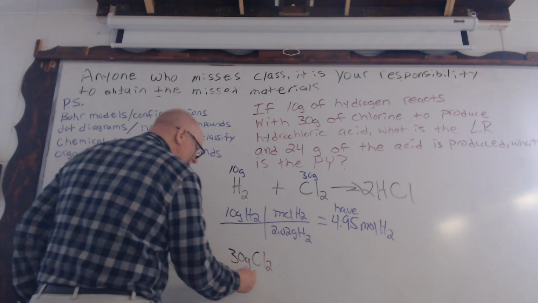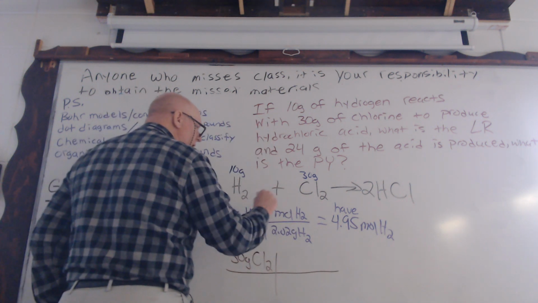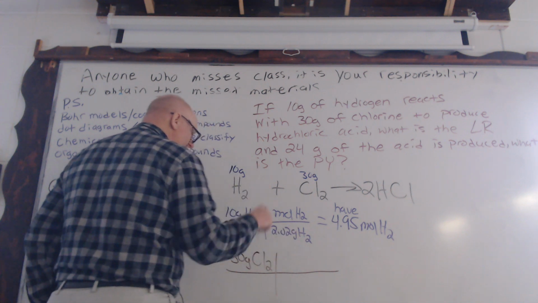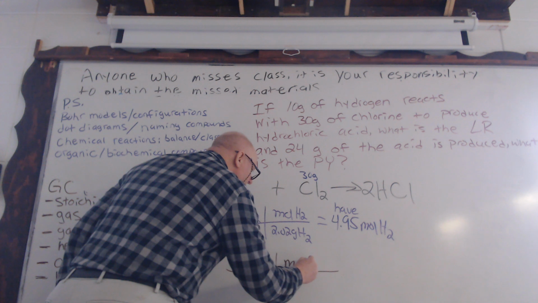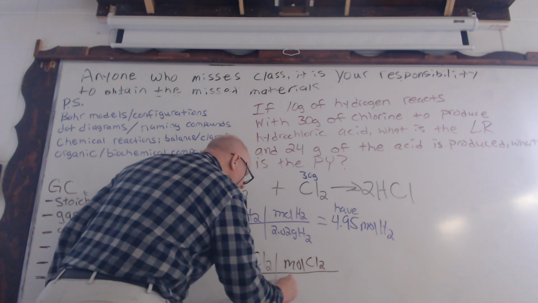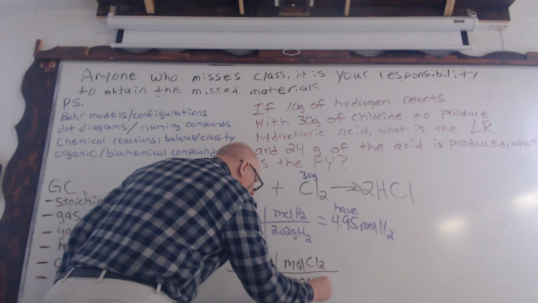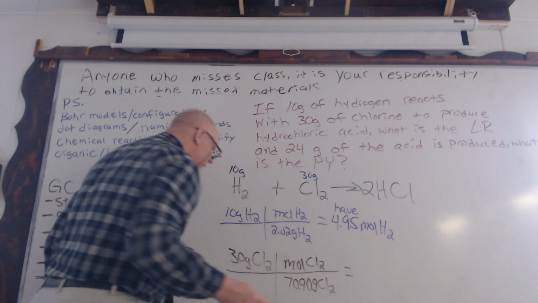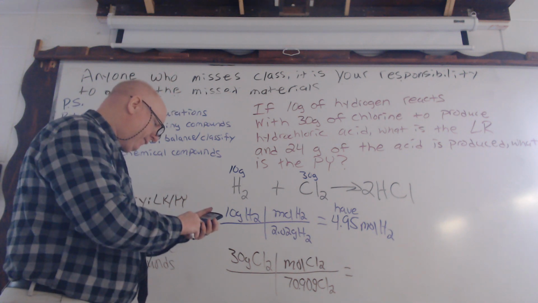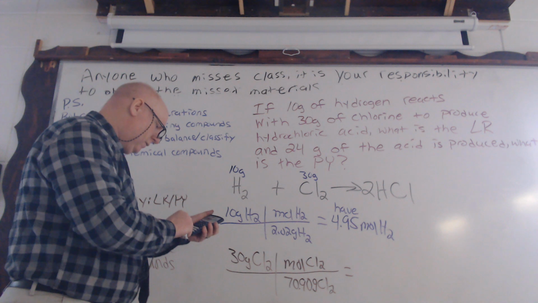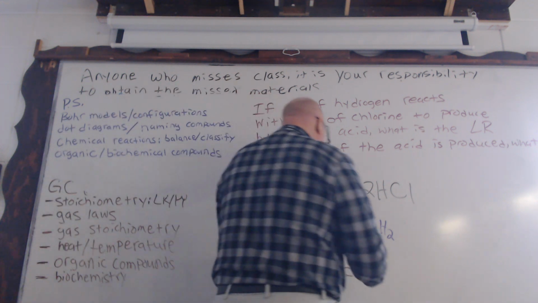Do we see the reason to keep writing down these subscripts? Because when you do that, you're lowering the chances of making a mistake. 70 point something, I'm guessing. So 30 divided by 70.90 is 0.42.